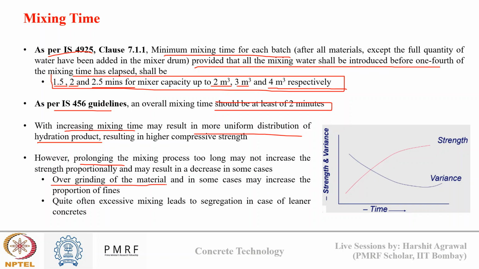Because there can be over grinding of material, which can increase the proportion of fines, or excessive mixing can lead to segregation in a higher workability concrete. So it is not the case that increasing the mixing time always gives better strength. After a certain time, mixing can also decrease the strength. But up to a certain mixing time, you will observe a more uniform distribution of hydration product.